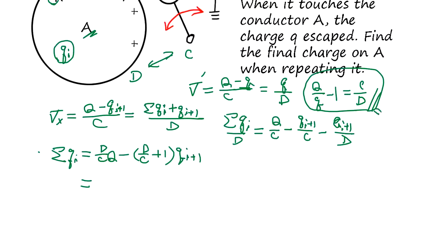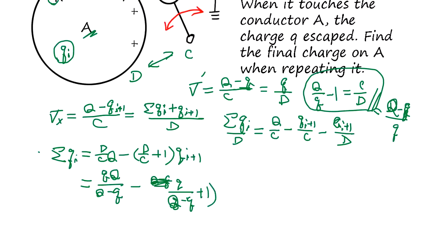This is going to be Q, D minus Q. So it's going to be, wait a minute, this ratio is going to be Q minus lower q over q. And the opposite is q over Q minus q.